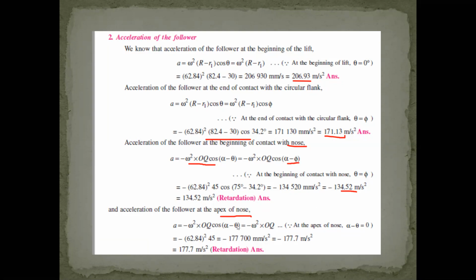Omega is there and OQ is there, then the value is 177.7 meter per second square. So those are the accelerations arrived at different places, at the convex flank and at the nose position.